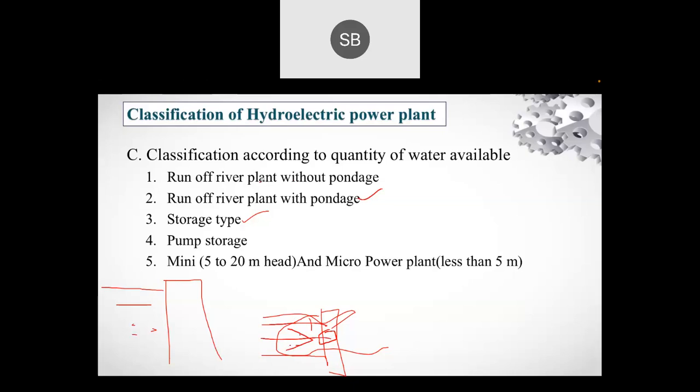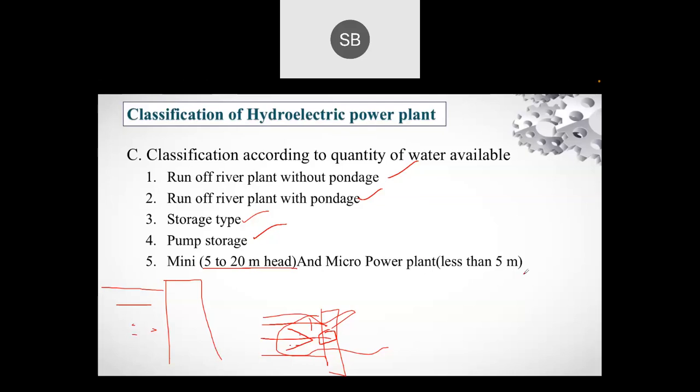The head available here is very small, and we just install the turbine. And if we are not going to store this water and are just using the flowing water, then it is known as the run-of-river plant without pondage. Storage type means our general hydroelectric power plant.